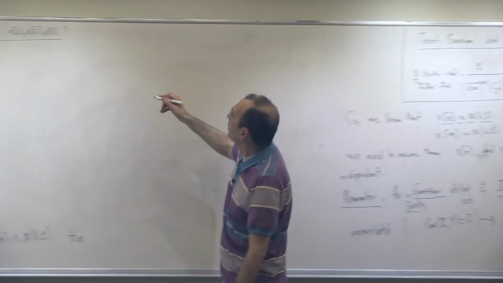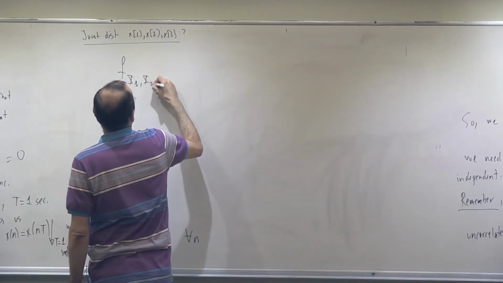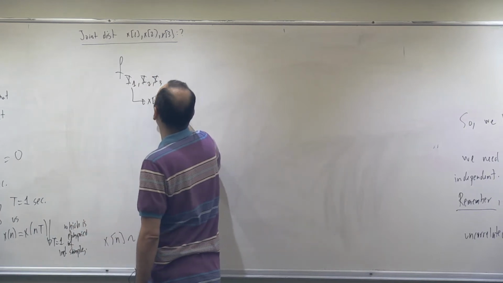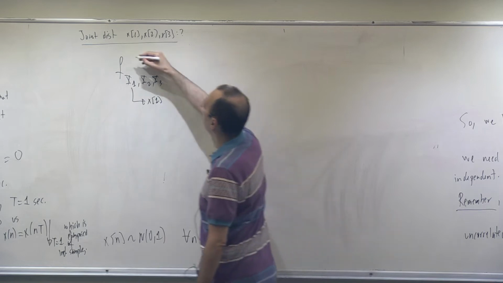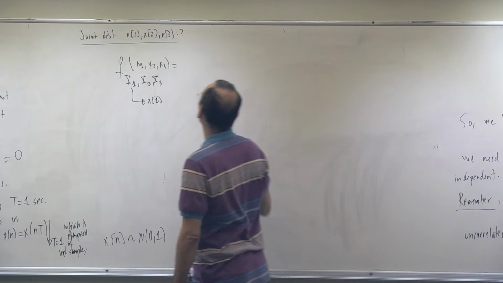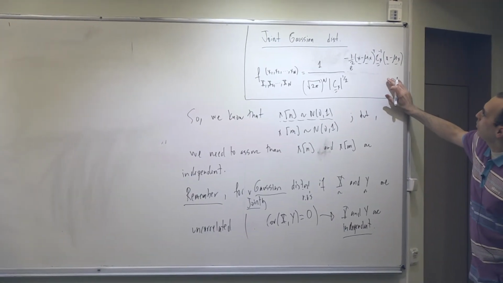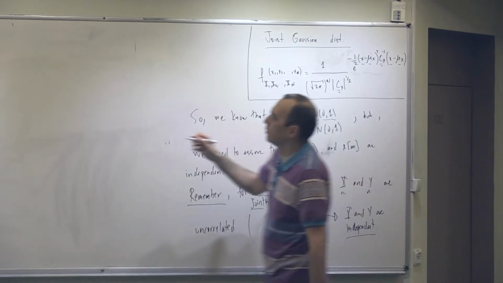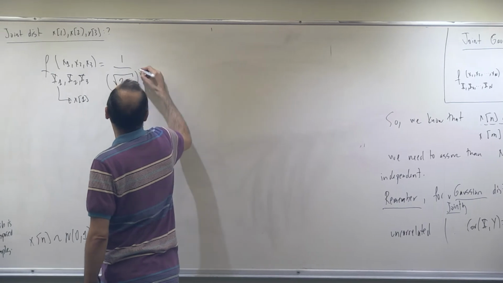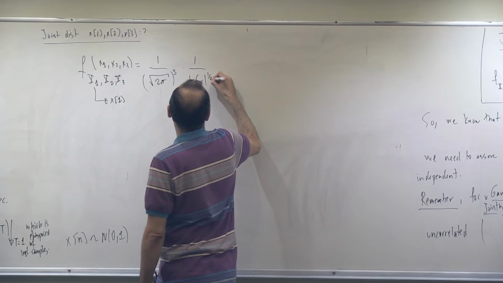For jointly Gaussian distributed random variables, I have this. So how can I write this density? F of x1, x2, x3, and clearly I want to write it in shorthand form. This is my x1, x2, x3, 3 random variables. So this is the joint Gaussian distribution. I will try to apply this: 1 over square root of 2 pi to the power 3, times the square root of the determinant of the Cx matrix.